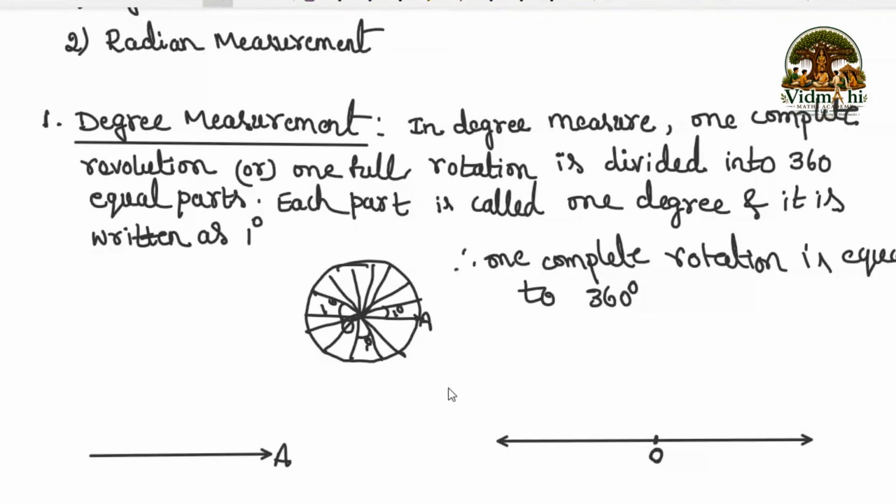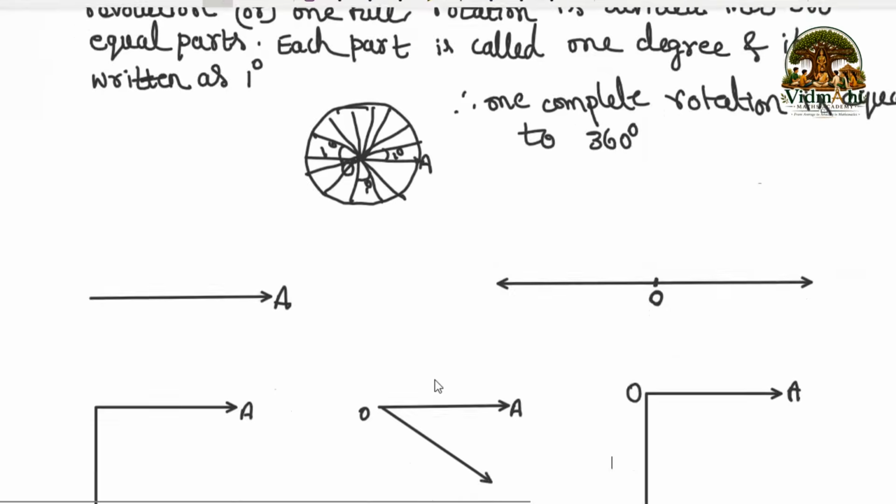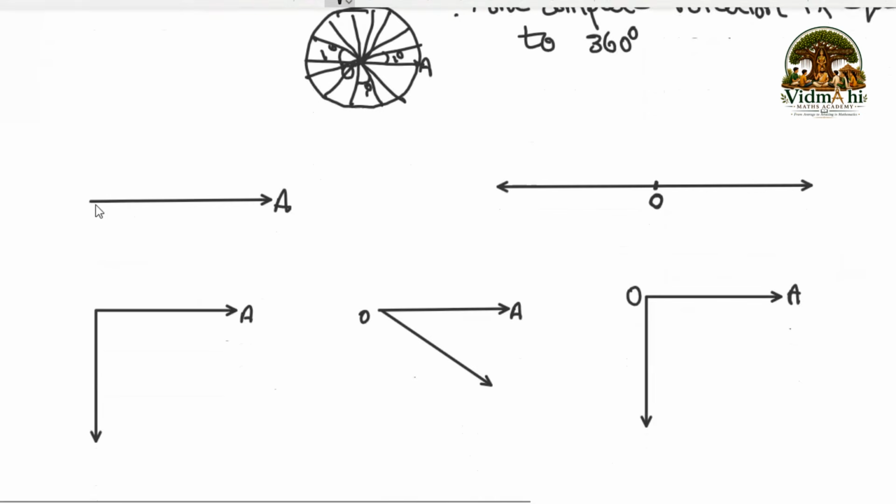Now observe these figures. In the first figure, OA is the initial ray. After making one complete turn, it comes back to the same position. Since one full revolution is completed, here the angle is 360 degree.